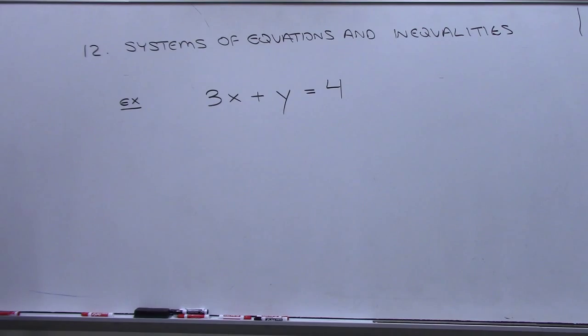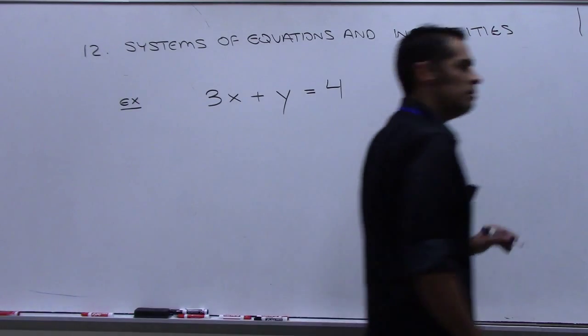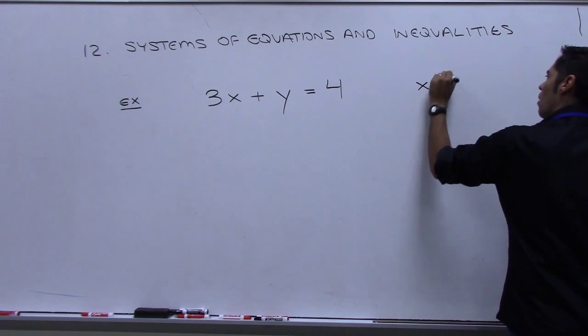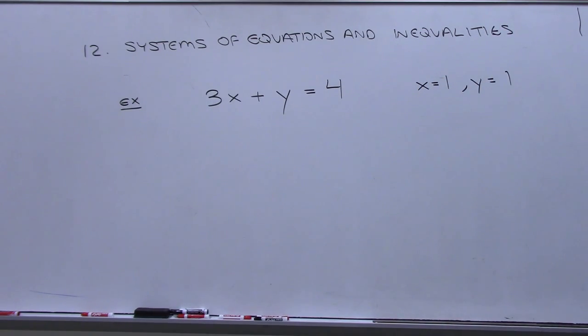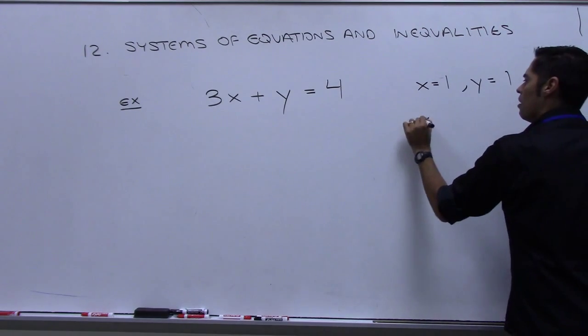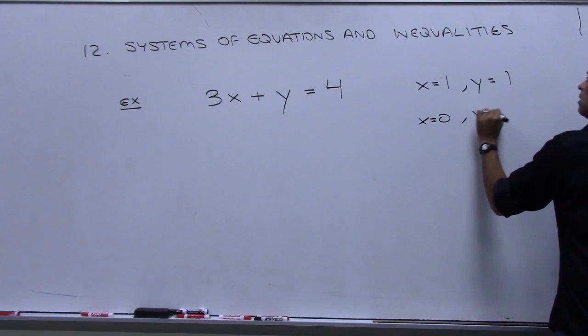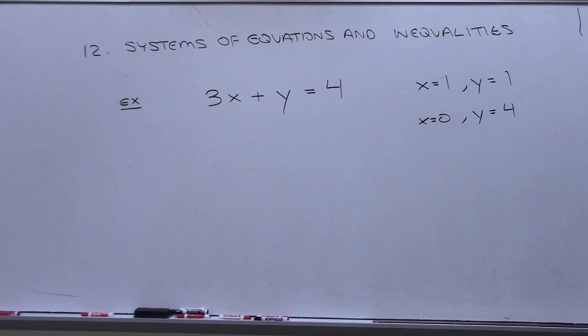X equals 4, y is 1. Everyone agree that that would work? Or even x is 0 and y is 4. Would that work? Yes or no? Yes? Both of those would work? Are there any more?